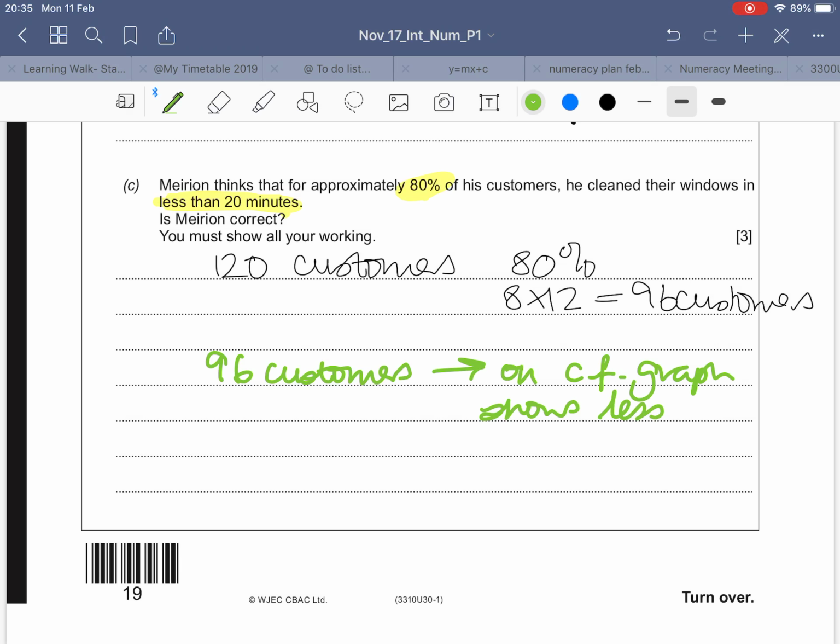So shows less than 20 minutes. And what you've drawn on the graph along with your explanation will get you the marks. Okay, the readings on the graph will be acceptable for the method marks.